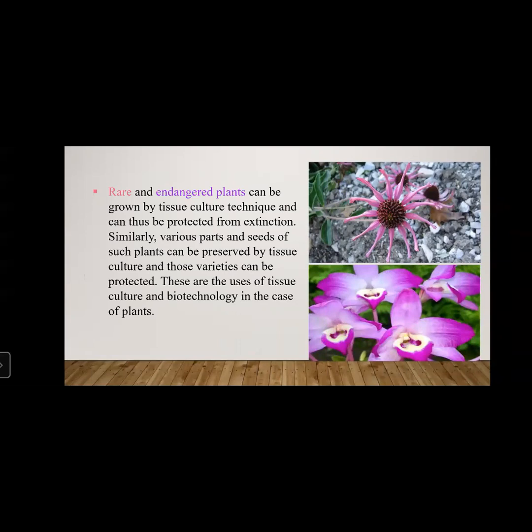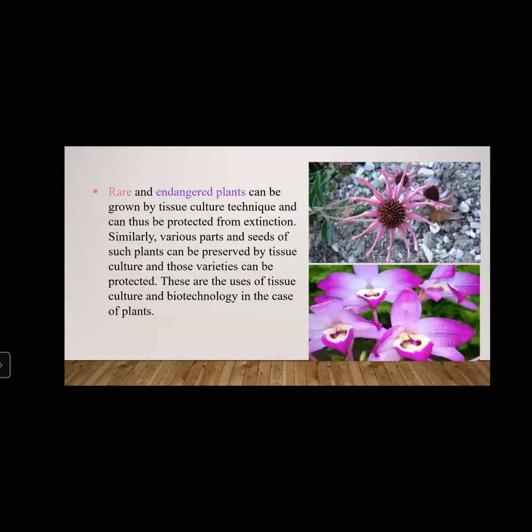Those organisms which are on the verge of extinction, that is, if protection is not provided to those animals or plants, they will get extinct as the dinosaurs have become extinct. These organisms will also get extinct. Such organisms are called endangered organisms or rare organisms.